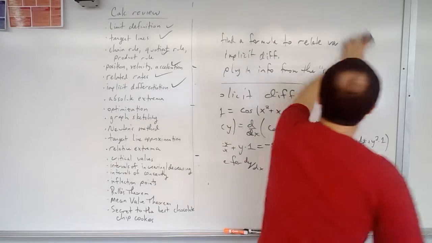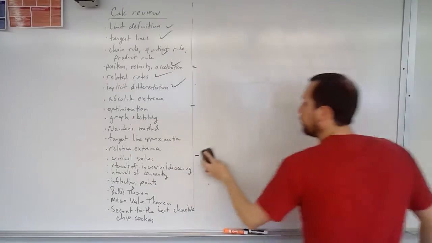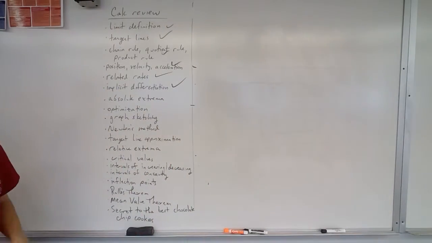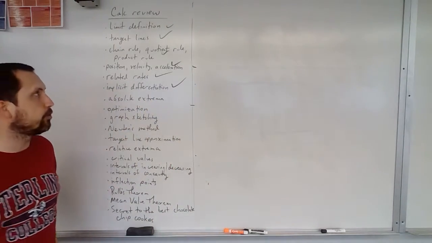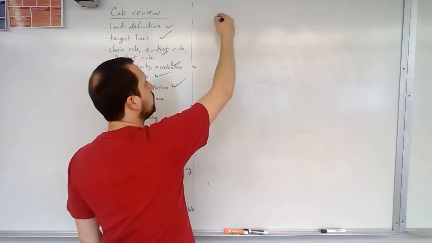Absolute extrema. So remember, we had things like relative and absolute extrema. So when we're looking at absolute extrema, the process that we did often was on a closed interval.